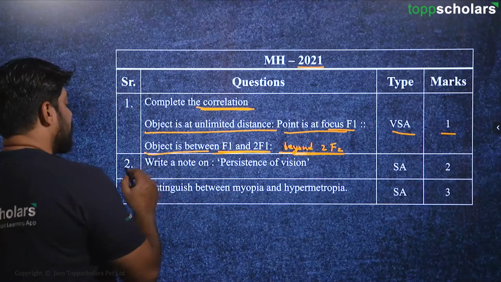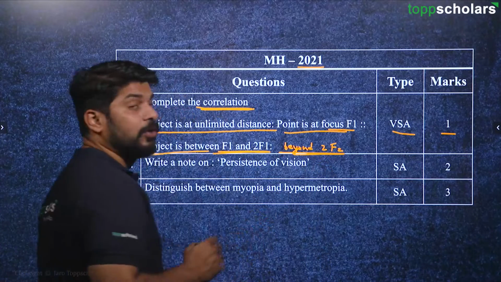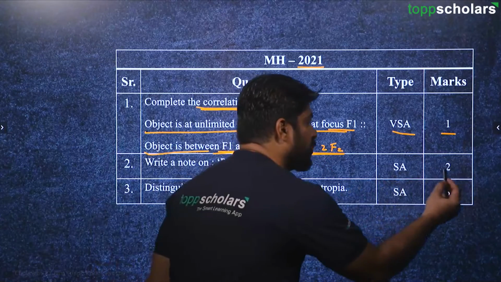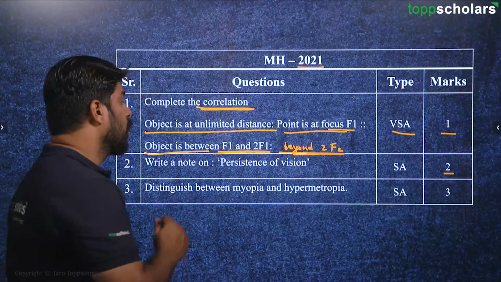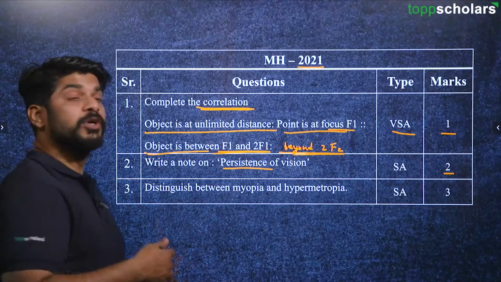Okay, next question is, write a note on persistence of vision. This is a short answer question for 2 marks. Now, here you have to write a short note. So you have to talk about what is persistence.